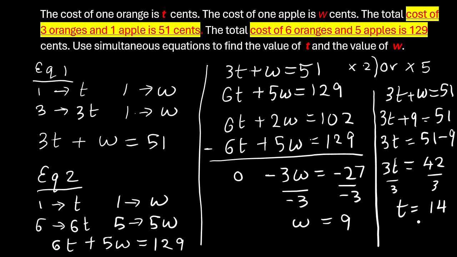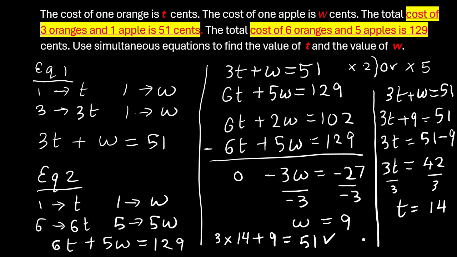Now, before we become very excited that we have solved it, we can test to see whether our answers are correct. We have to substitute them into the original equations and see if we get it correct. Let's see, 3 times 14 plus 9 is actually going to be 51.